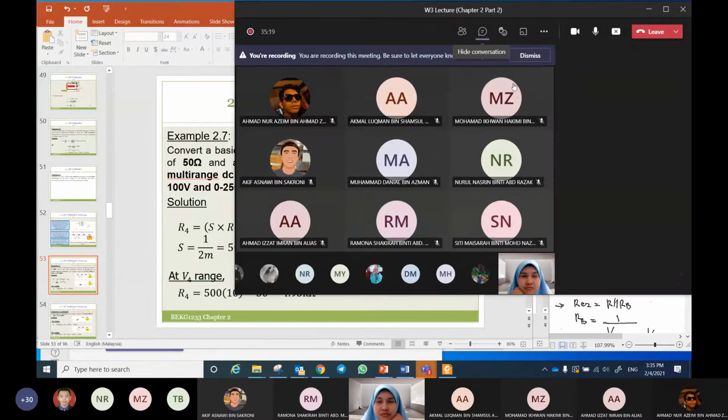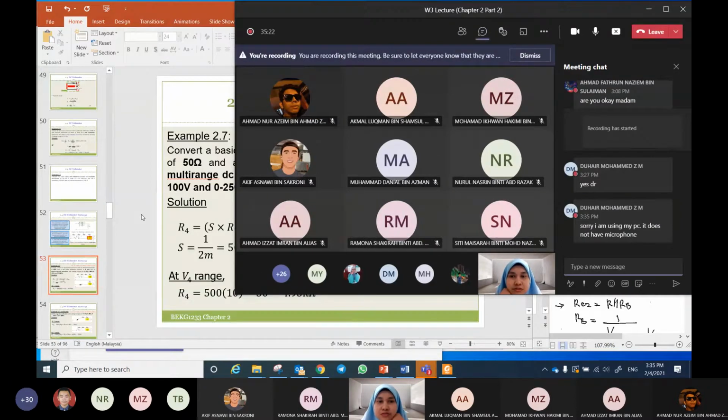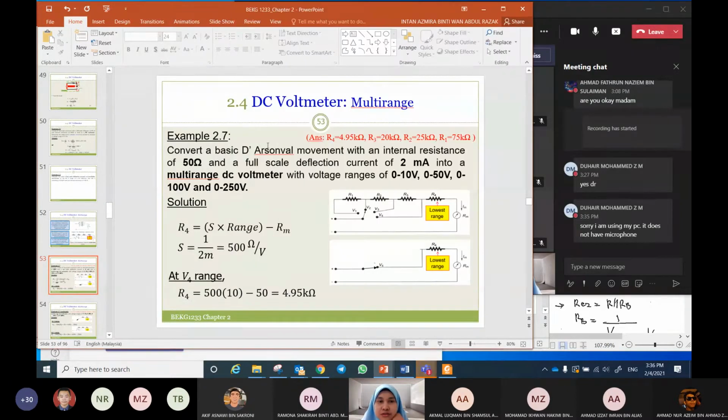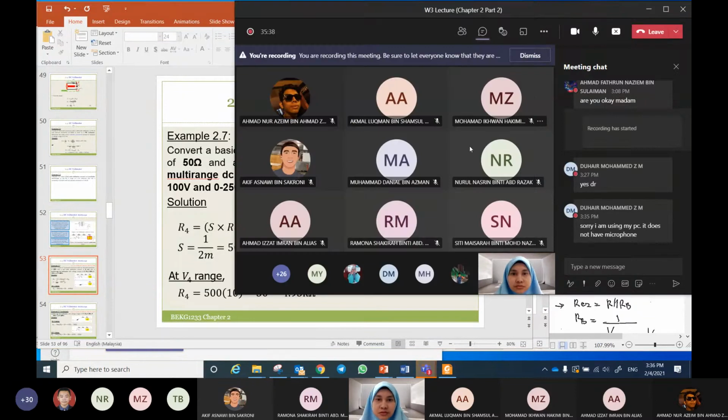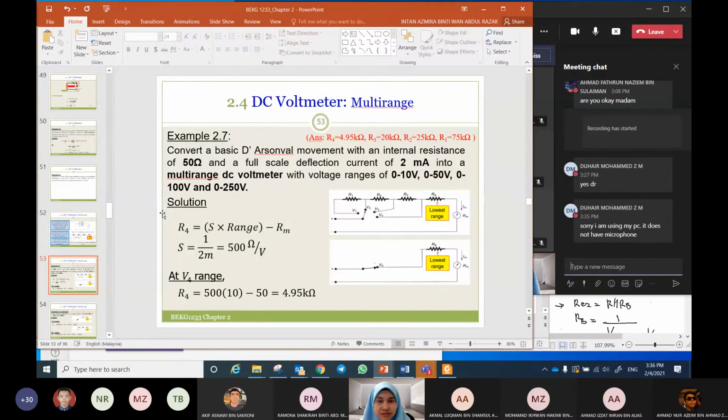You can type. How to convert a basic PMMC movement into a multi-range DC voltmeter? How? Ramona, Shakira, how to convert?